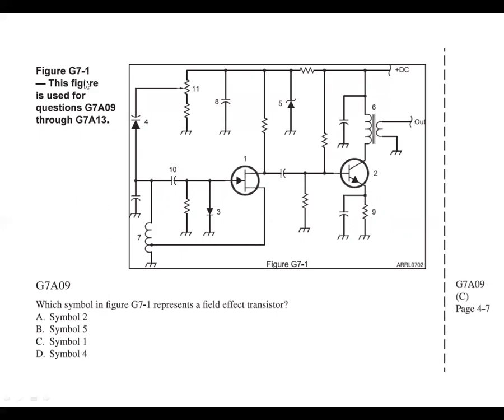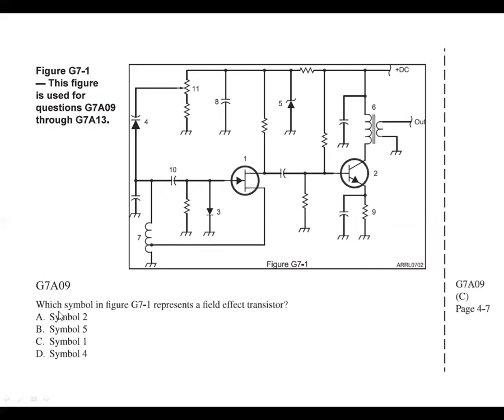For example, this is figure G7-1, and it's used for the questions here from A09 to A13. So 4 questions that they could ask, and you'll probably see one of the schematics, and maybe 2 to 3 questions of identifying the components.